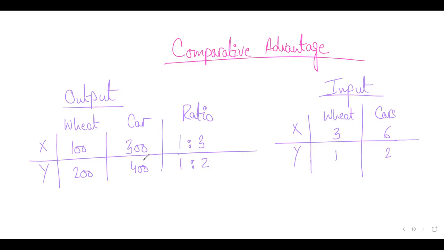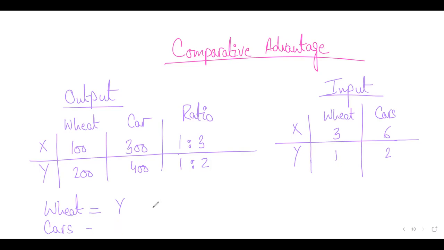Right? Exactly. So which country has comparative advantage in wheat? Y. And for cars, obviously, it will be the other country that has comparative advantage in the other product. So X will have comparative advantage in cars. Easy? Making sense?